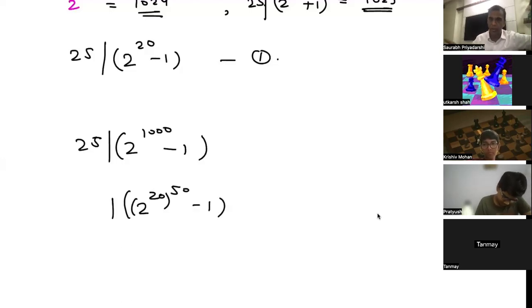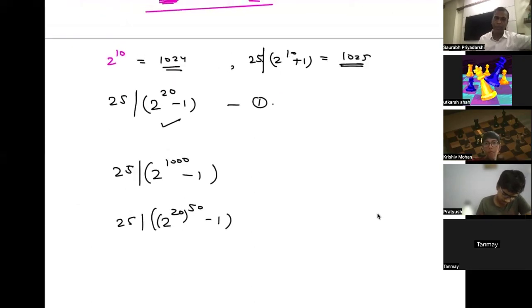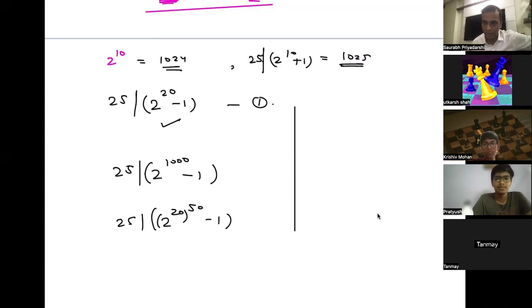So one factor will be 2 to the power 20 minus 1 or 2 to the power 10 plus 1, so this will always be divided by 25. Any problem in this? Up to here, check once, any problem? I haven't done anything new, I just wrote the pattern that was coming. The story is finished, after this I will start coming to the answer. So you just have to see this pattern. Is this okay, everyone?